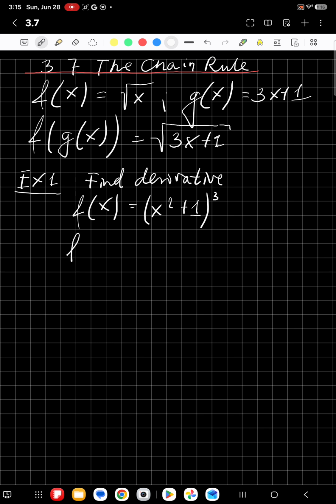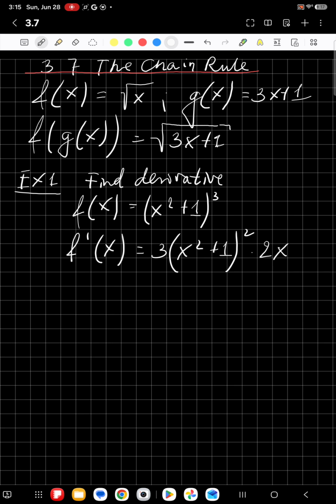To find the derivative, let me quickly do the problem, and then I'll explain why and how it happens. So I'll have 3, and then x squared plus 1 to the second power, and then times 2x.